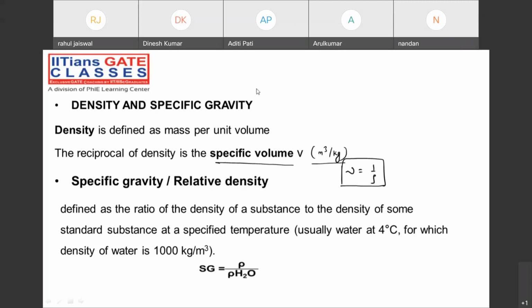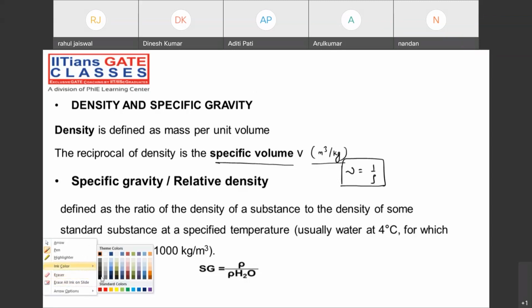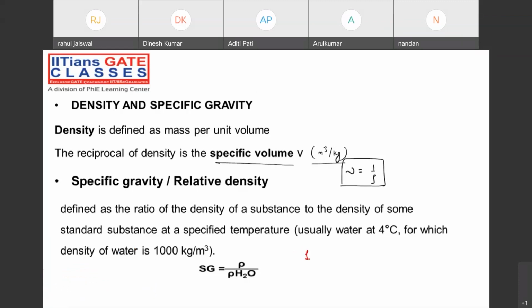Then note down the specific gravity. Specific gravity, we also say relative density. It is defined as the density of any substance to the density of some standard substance at a particular specific temperature. When we define the specific gravity for liquids, what is the standard fluid?